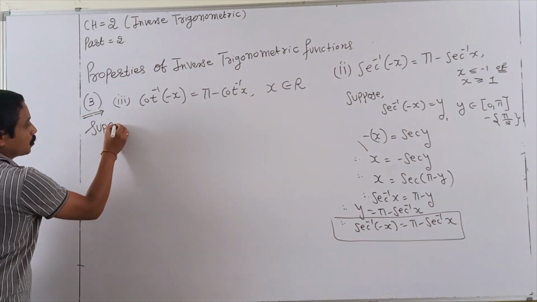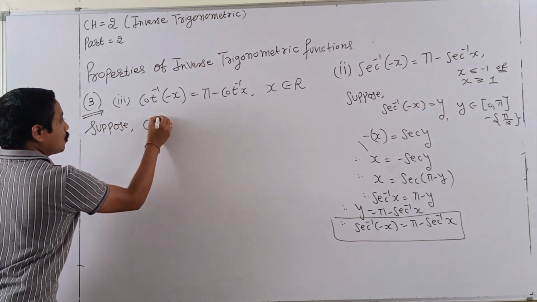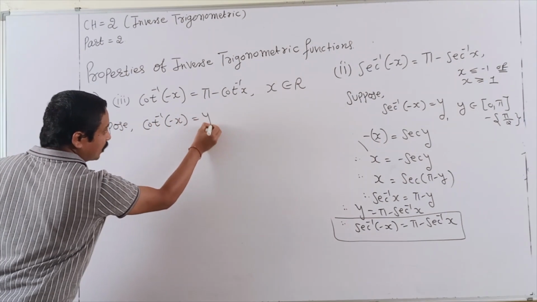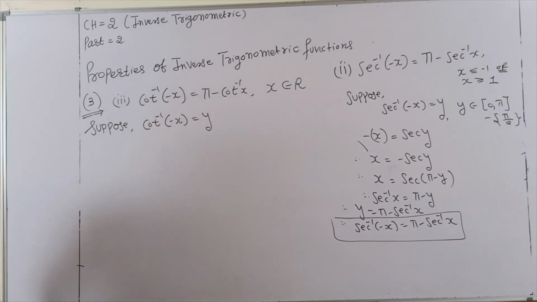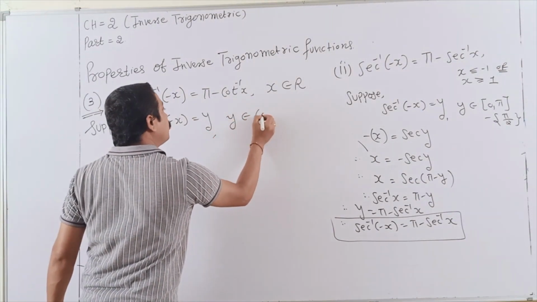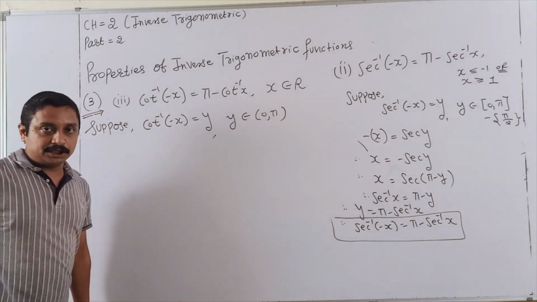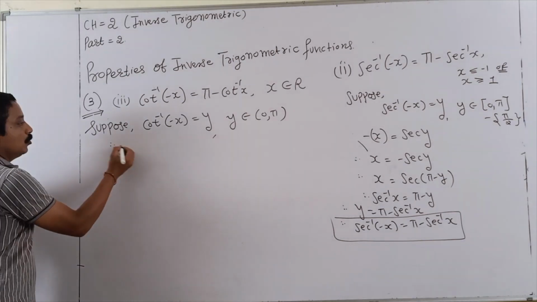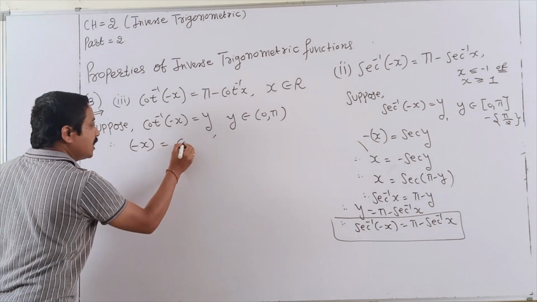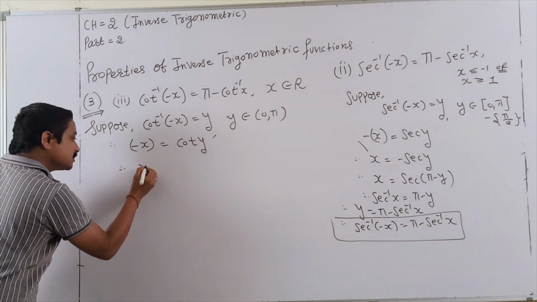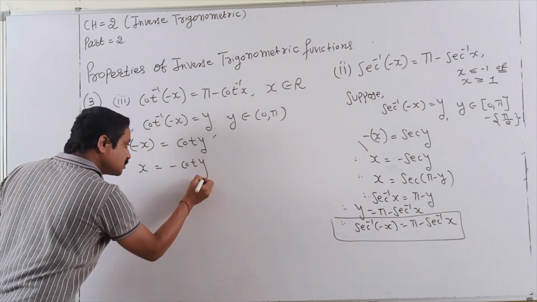Suppose cot inverse minus x is equal to y. In the inverse function, the range belongs to the open interval 0 to pi. So what is the minus x? Yes, it is cot y. So x is equal to minus cot y.